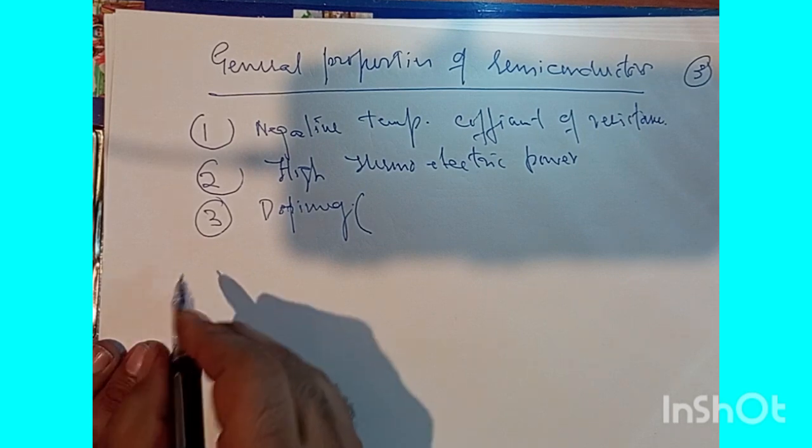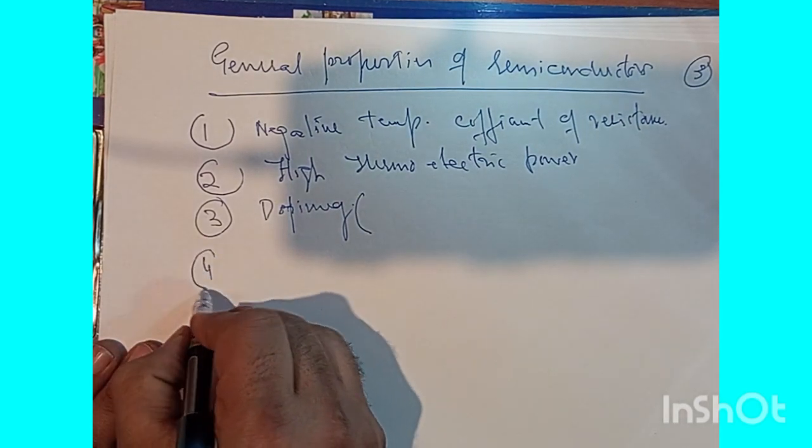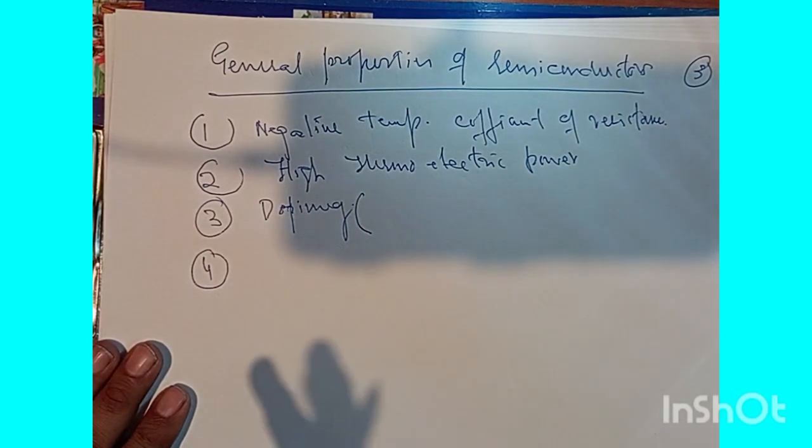The next important point would be a junction. Suppose we have two types of semiconductors, one called P type and the other N type. We'll be talking about them.